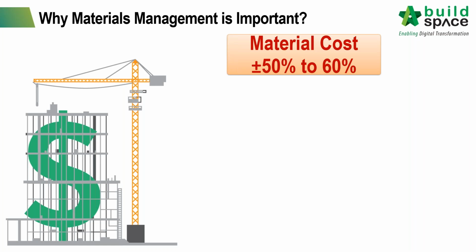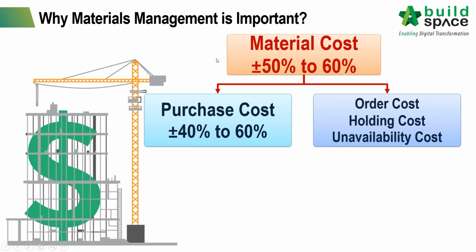But what a lot of people will not know is that the purchase cost itself is only 40% of the material cost. That means it will only contribute about 20 to 30% of the construction cost. Most of the cost will go into your order cost and your holding cost, meaning sometimes you need to have a warehouse, and most importantly, the unavailability cost.